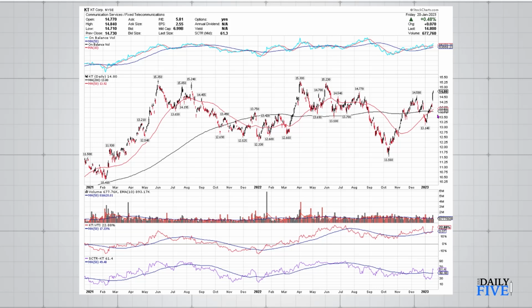And then after the near-term peaking in December, it has a natural pullback, but immediately is able to show signs in 2023 of taking out the December high and trying to get back up to resistance. Very constructive.